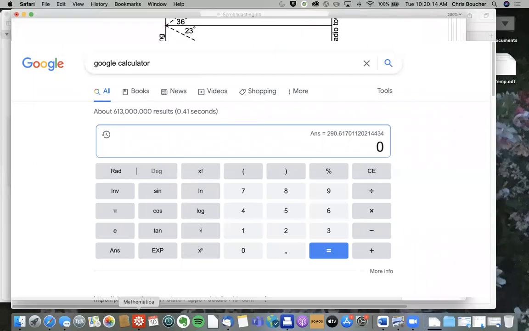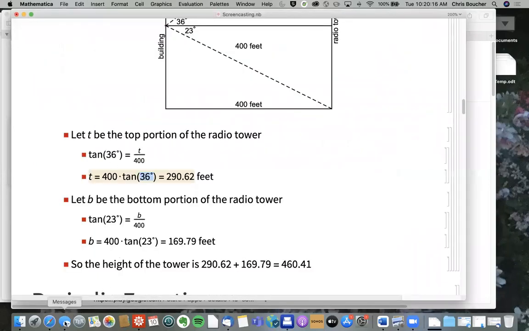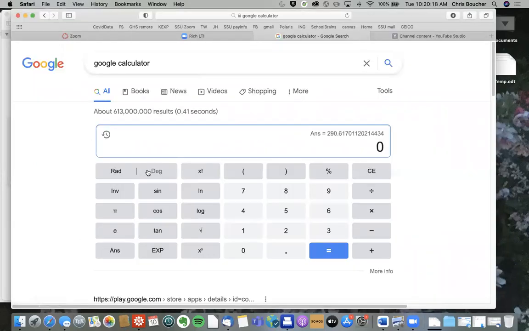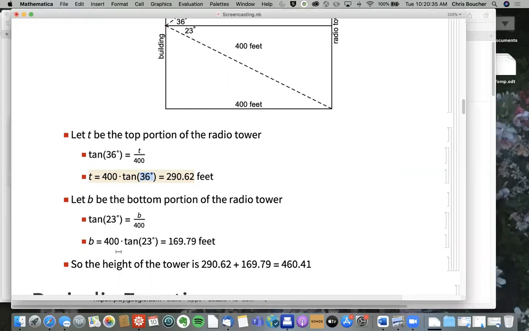So if I want to do this calculation, 400 times the tangent of 36, first I'm going to make sure I'm in degree mode because that's the way the angle is measured. And then I'll do 400 times, and you can see I have, there it is, tangent of 36, close parentheses, equals, and that's where I get the 290.62, right?